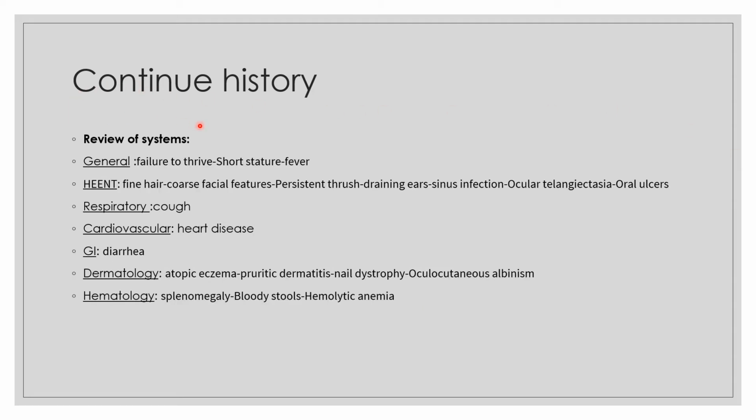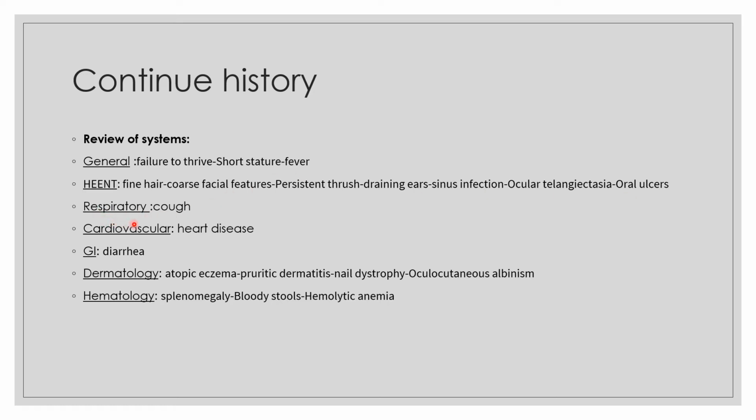After that, in the history part, we will move to the review of systems. We will ask generally about failure to thrive, short stature, fever. We will ask if there is any fine hair, coarse facial features, persistent thrush, draining ears, sinus infection, recurrent sinus infection, ocular telangiectasia, and oral ulcers.